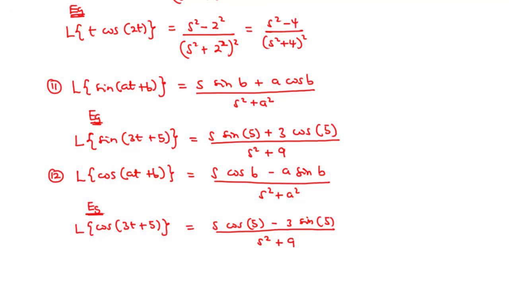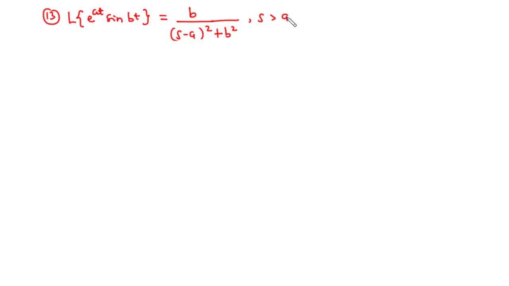Now we move on to the last two functions. So we have the 13th function, that is f(t) = e^(at) sin bt. We want to write down the Laplace transform of this function. Now this is given by b divided by (s − a)² + b², where s is greater than a.